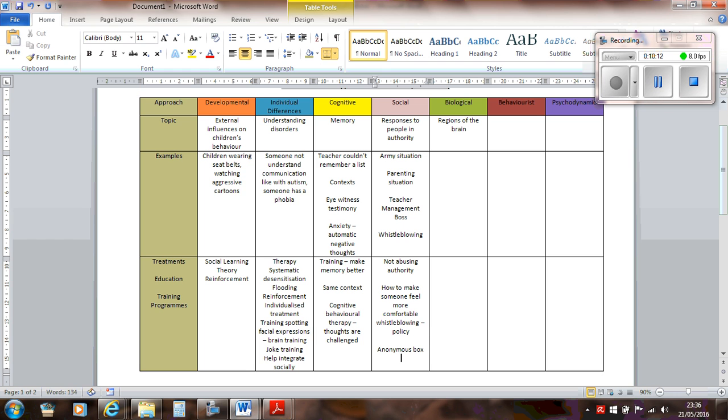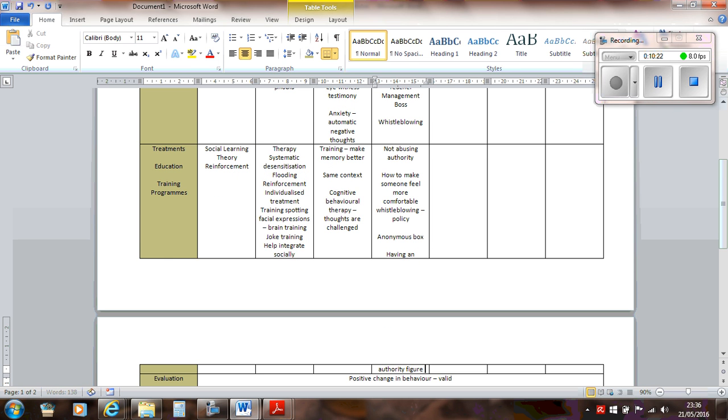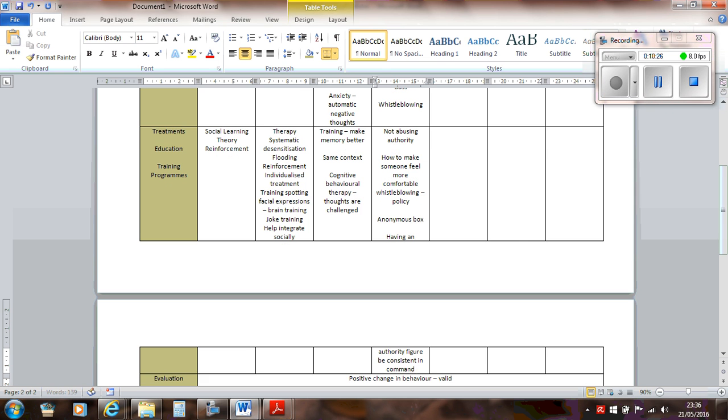Or like how to actually make them obey. So it could be things like having an authority figure be consistent in commands. Like you must continue, like another experiment.